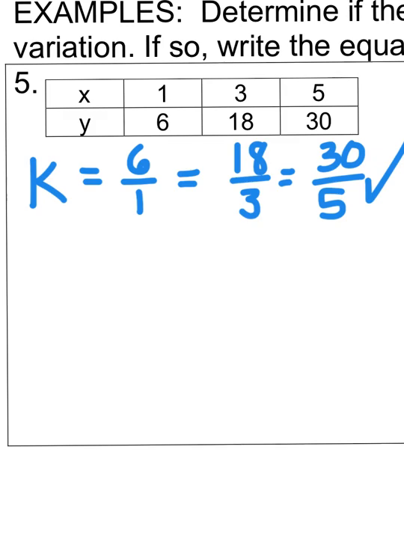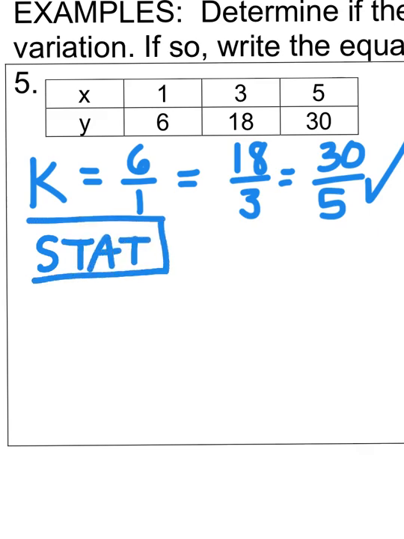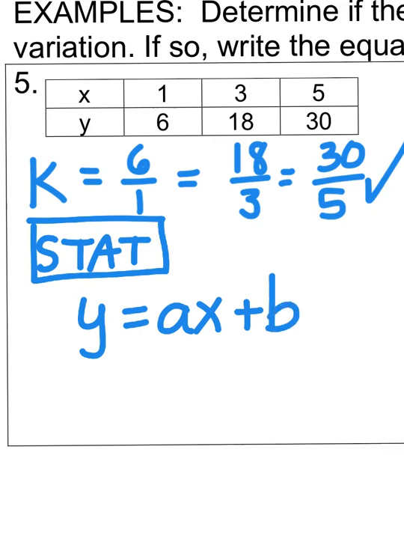You can also check this by using your stat key. So if you use the stat function on your calculator, then you'll find that y equals ax plus b. In this case, y equals 6x plus 0.